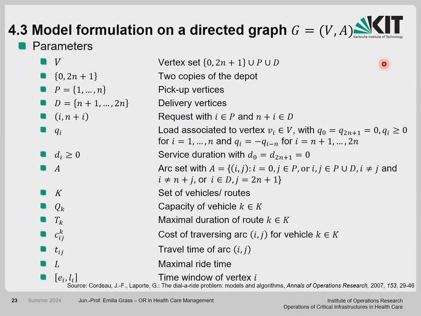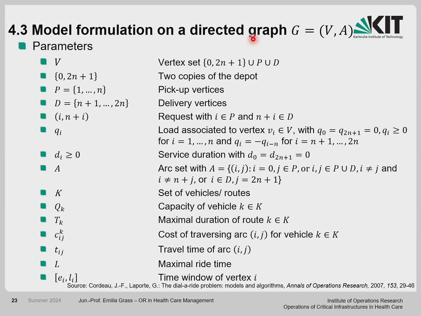So here we have the model parameters. We have the set of nodes, consisting of the original ones and the depot. Let's say you have a node 0, this is our depot, the starting point, and then you have demand nodes, pickup nodes, where you have to pick up the patient, up to n.